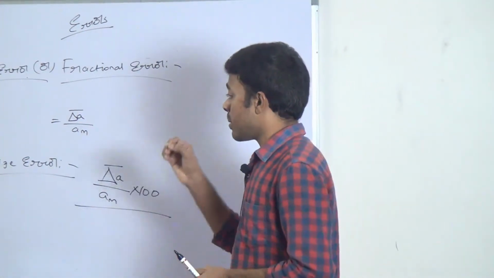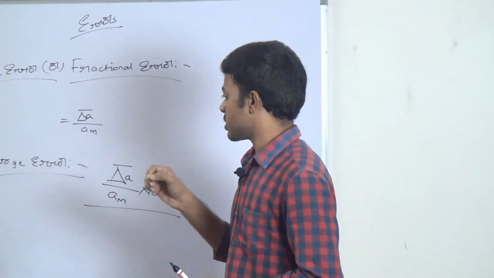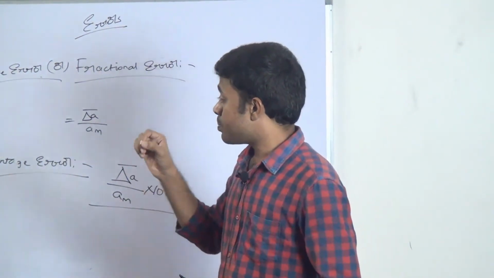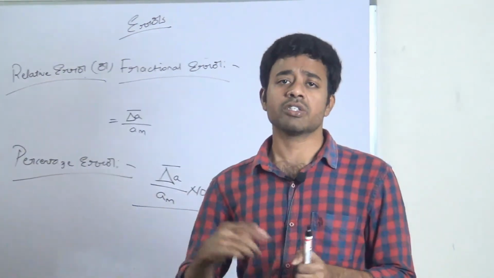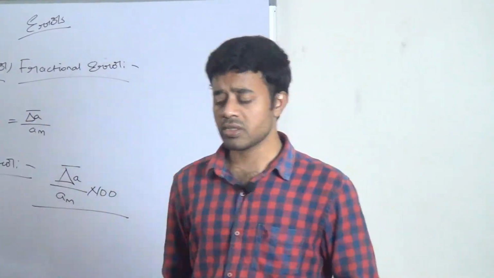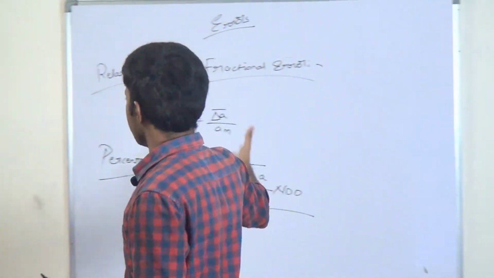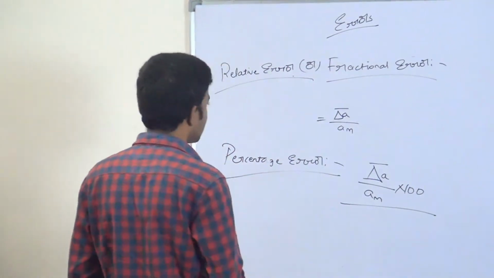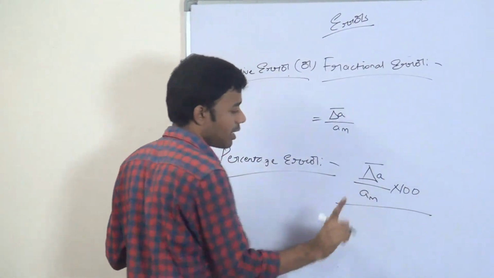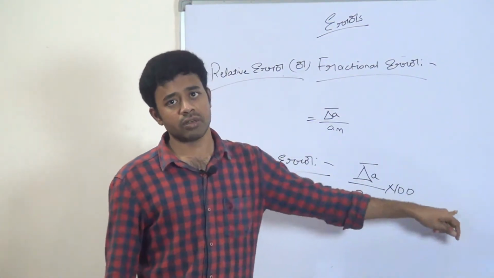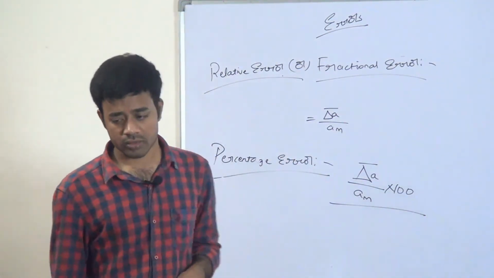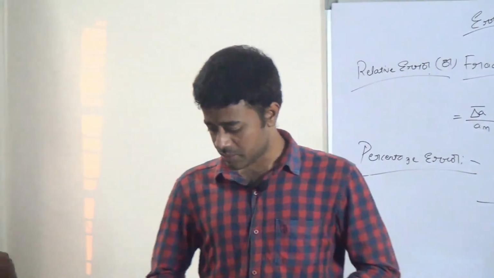Then we have the percentage error, the indication of the fractional error in terms of percentage. That means it is simply delta A bar by A, the mean absolute error by the mean value, into 100, which gives the percentage error.